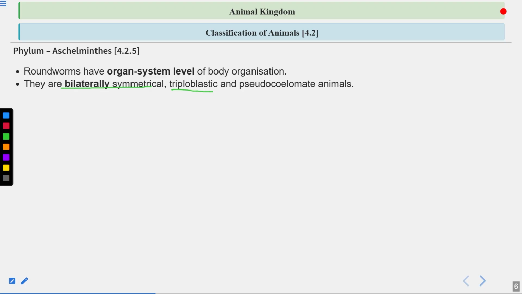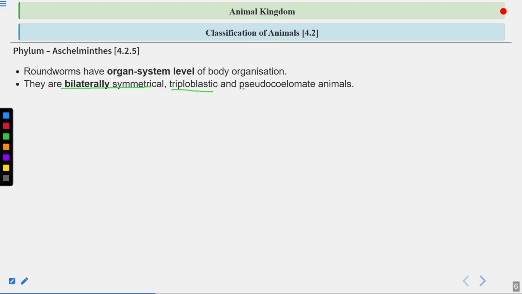The outermost is the ectoderm, the innermost is the endoderm, and in between the ectoderm and endoderm is the mesoderm layer, right? So that represents triploblastic. Now, the third feature here, pseudocoelomate.